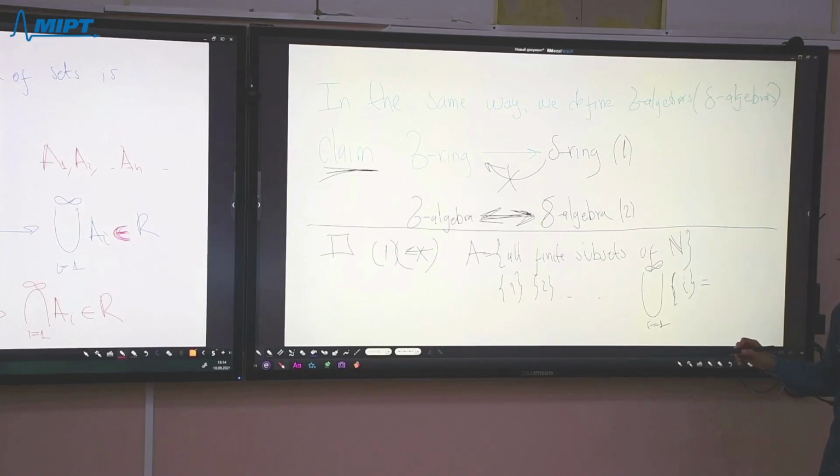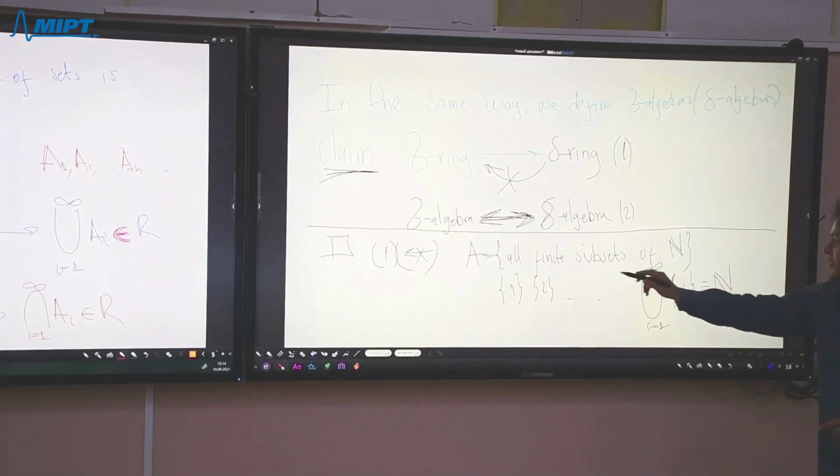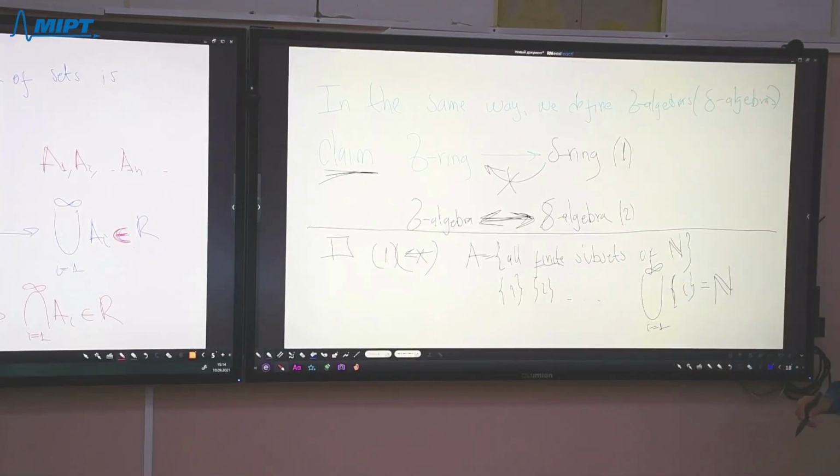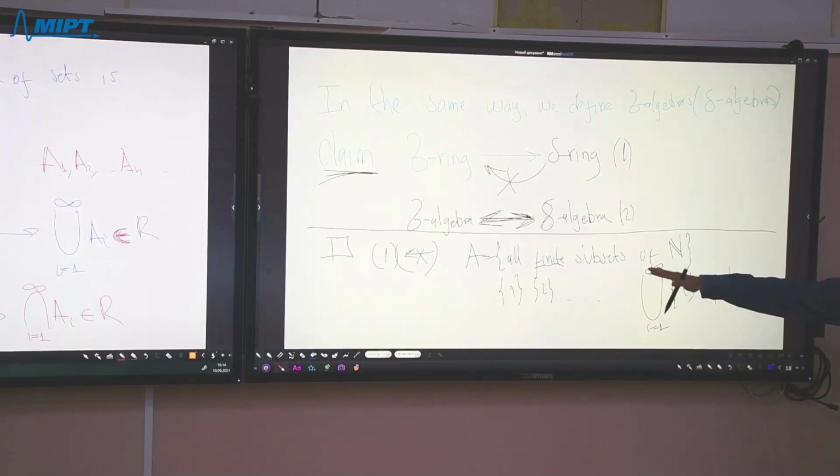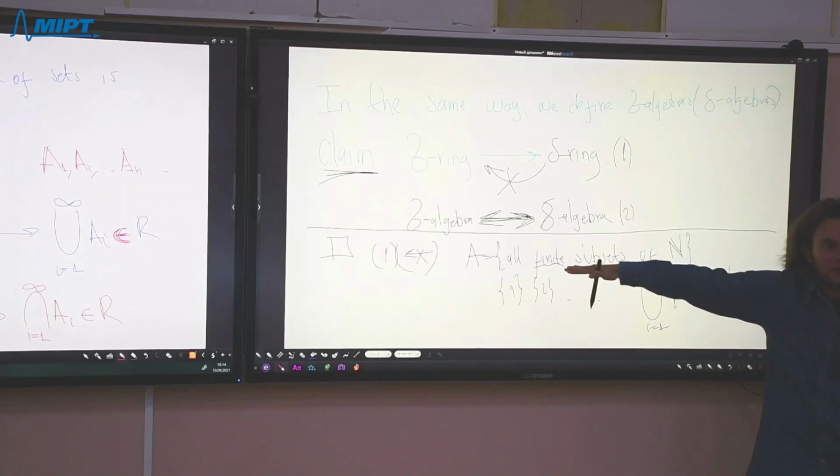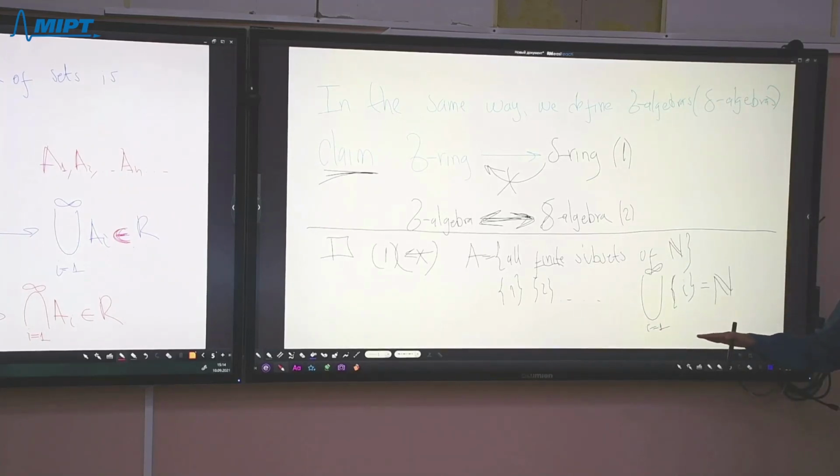N. These are finite sets, but the countable union gives us N, and N is not an element of this set, so this is not a sigma ring.